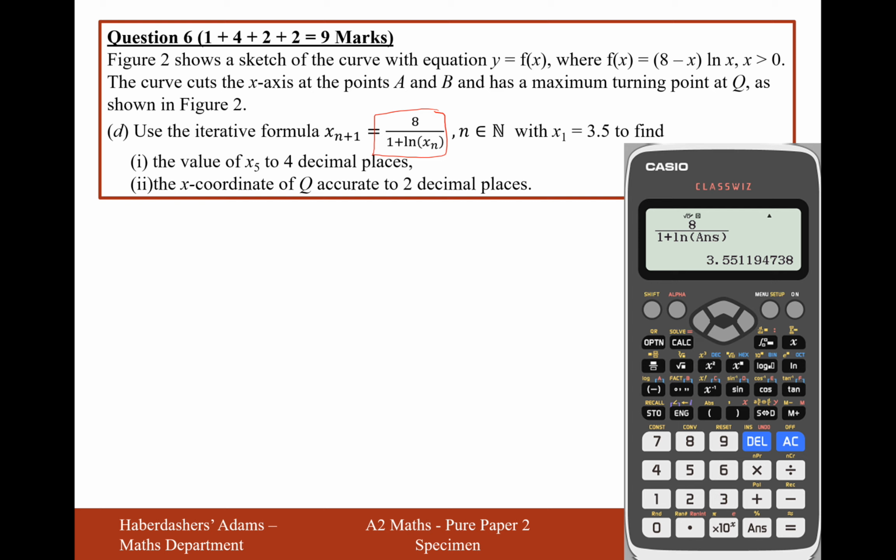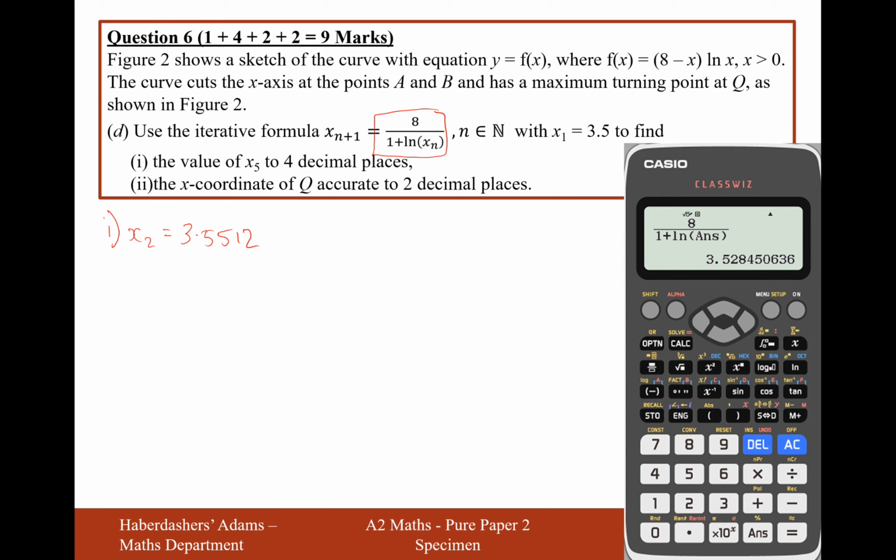So 8 over 1 plus ln answer, this is going to give us x2, which is equal to 3.5512. Press equals again. You don't need to type it in again, just press equals again and you get x3, which is equal to 3.5285.